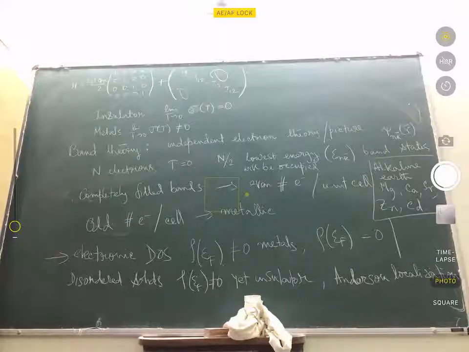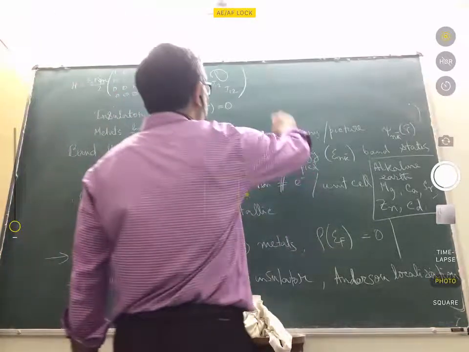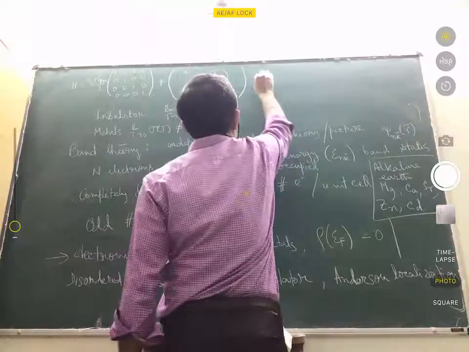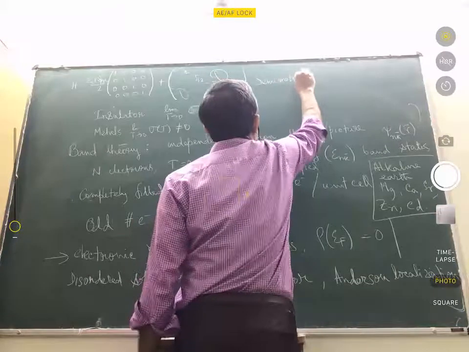And just as you can have metals and insulators, I want you to get familiar with these things, because there's a lot of research and discussion on various types of interesting materials currently. So you can have semi-metals.